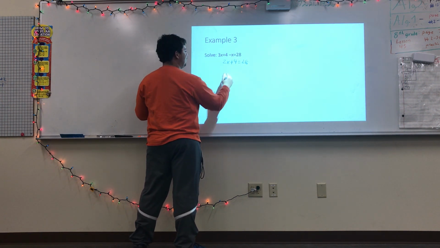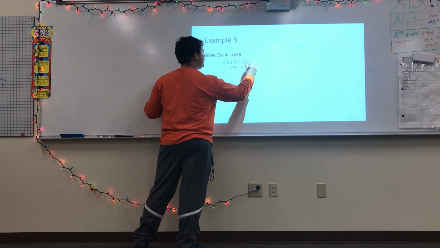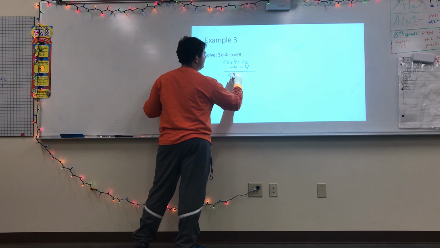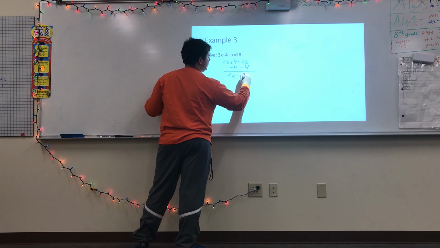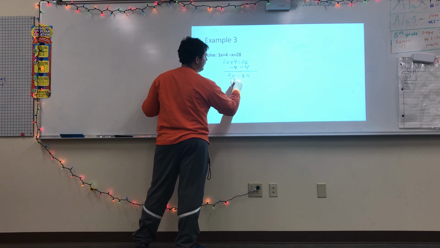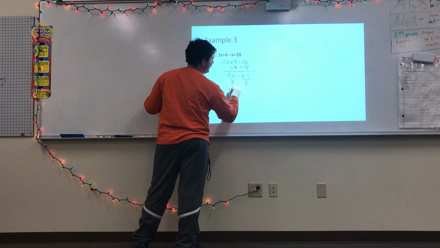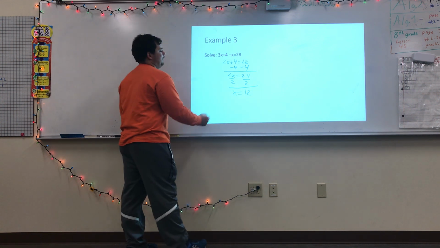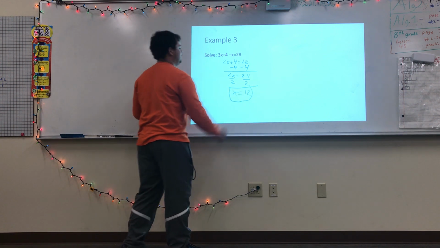Okay, now we're going to do the subtract 4. Subtract 4. You get 2x equals 24. Divide by 2. What you do one side, you must do the other. x equals 12. There's my answer for that one.